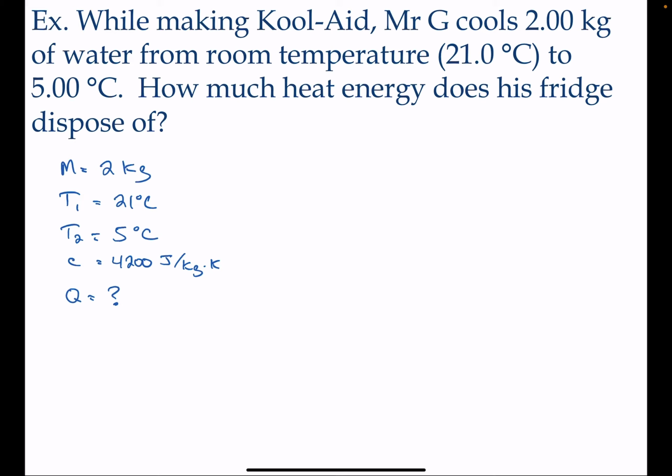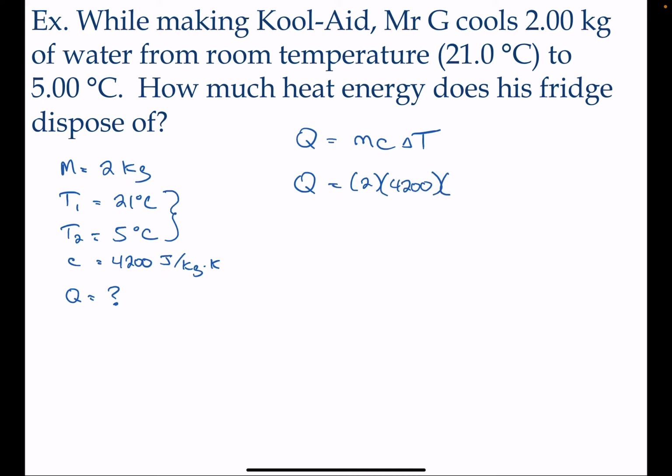Just remember, we're going to need those T1 and T2 for our delta T. When we sub into this equation, we're expecting our delta T to be in Kelvin, but as long as I'm using those two temperatures in Celsius to find a delta T, then it's going to be the same value. Okay, so mass is 2 kilograms. The C value for water, 4,200.